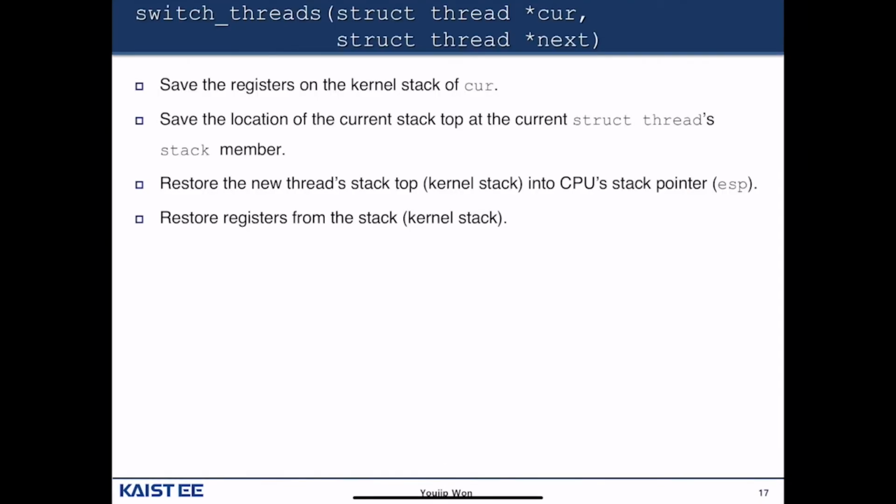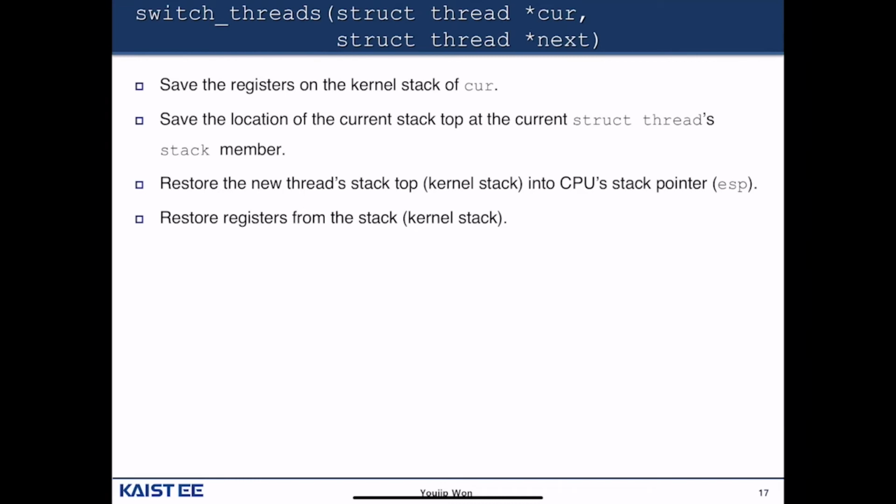I'm going to explain the detailed steps of switch thread. The switch thread function switches the two threads pointed by cur and next. Cur represents the currently running thread and next represents the next thread to run. It basically consists of 4 steps. First, it saves the registers to the kernel stack.